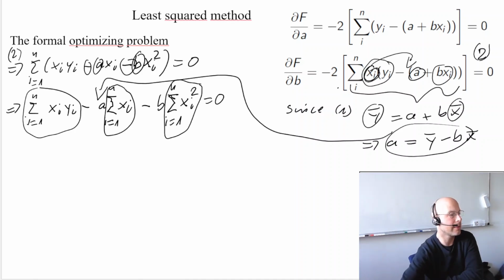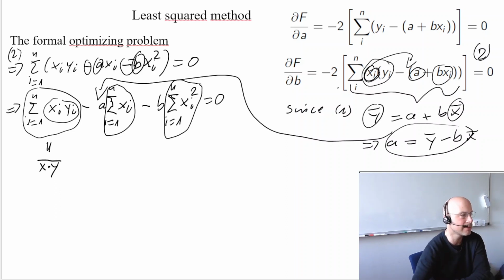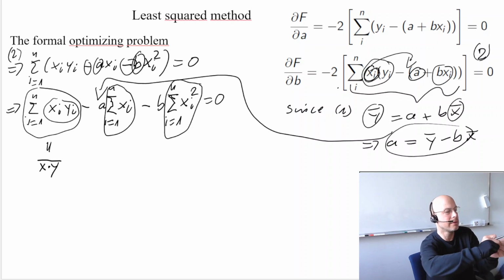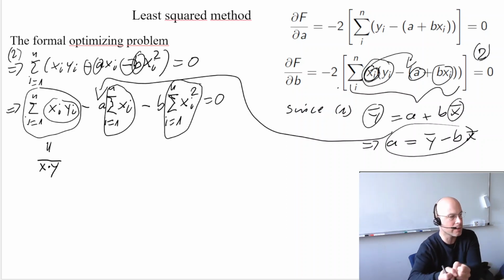Here in the summations, we find only our data points. And here we can more or less say that this is x times y, and then I make the bar above both variables. This just means take your data points, multiply x1 times y1.